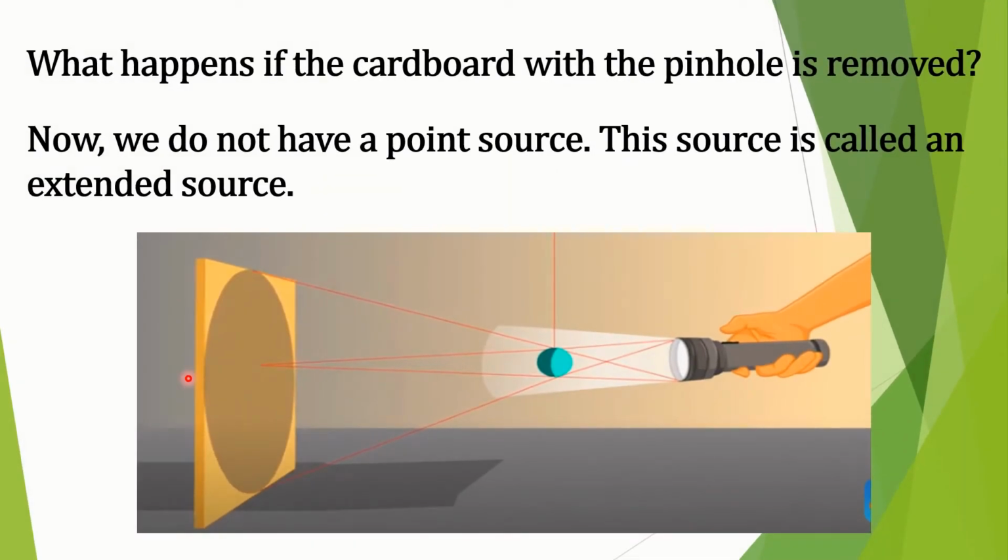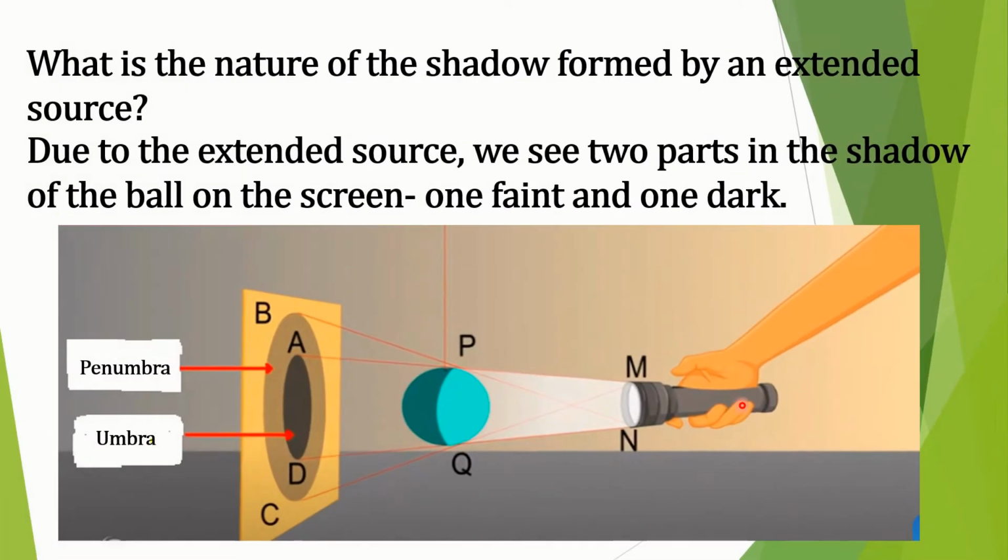Students, what happens if the cardboard with the pinhole is removed? Now, we do not have a point source. This source is called an extended source. What is the nature of the shadow formed by an extended source?